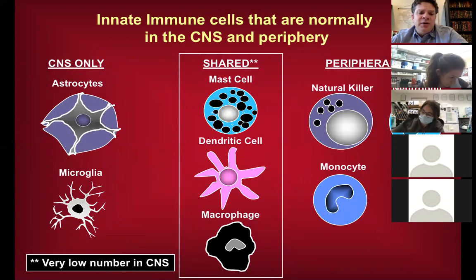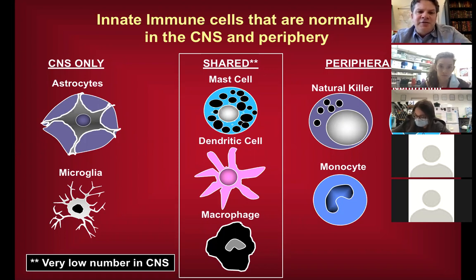This is just showing you that within the brain, in terms of the sort of innate capacity, you have astrocytes and microglia that have some limited innate capacity. Microglia have much more capacity than astrocytes, as we'll learn. You will also find mast cells in the brain. And one of our colleagues here at OSU, Katie Lenz, is actually an expert in mast cells and development. I don't think she's lecturing this year, but if you know her, she works on some really cool stuff with the mast cells being in the brain.